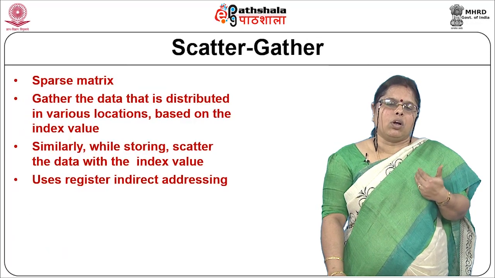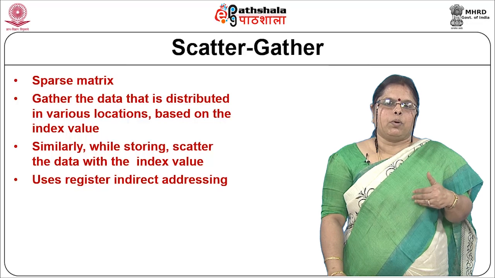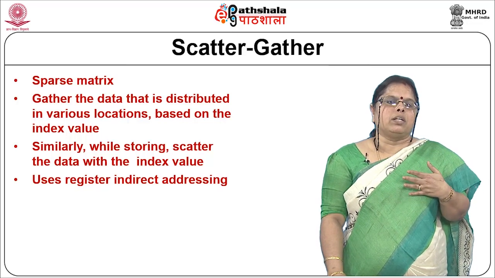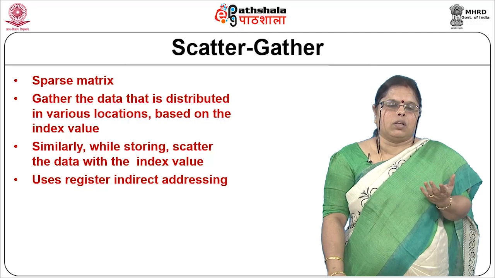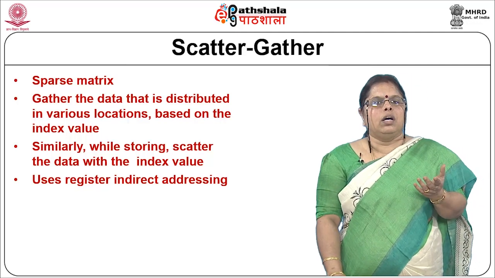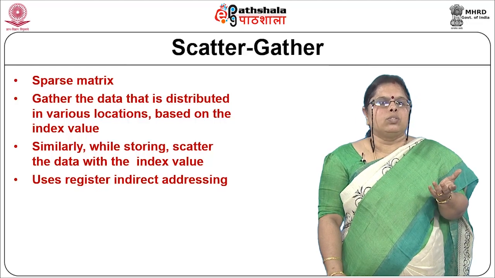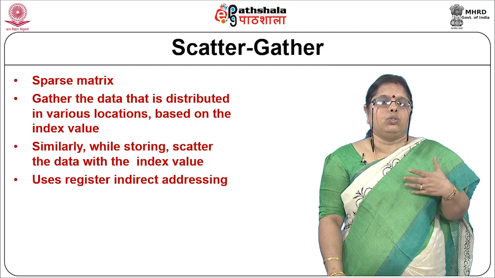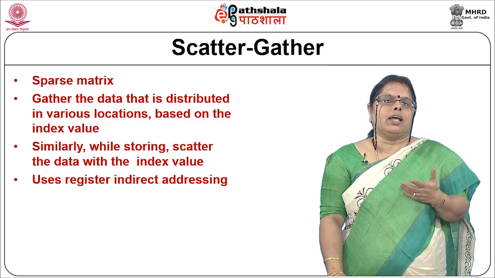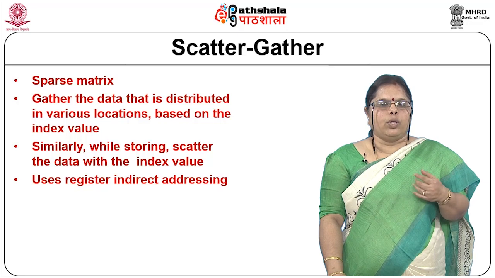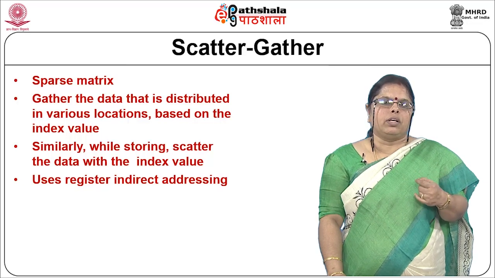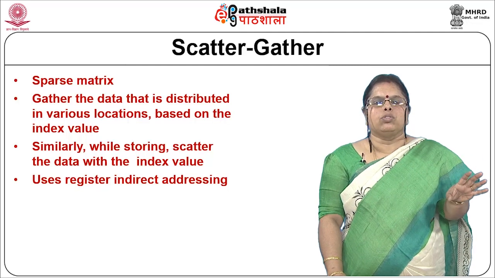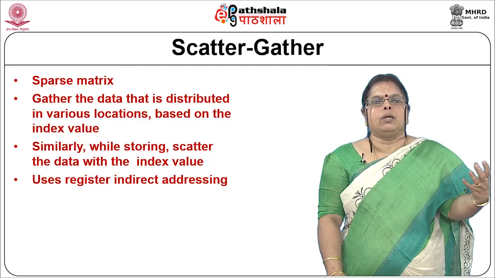The other important concept that is adopted in vector processors is with respect to sparse matrices. When you look at sparse matrices, not all the elements of the matrix are going to be non-zero, and many of them will be 0 elements. Which means we are interested only in the non-zero elements, and they may be scattered throughout. So, you have a scatter gather operation which is supported, where using the index of the data where you have a non-zero value, you will be able to gather all these non-zero elements and pack them into one register.